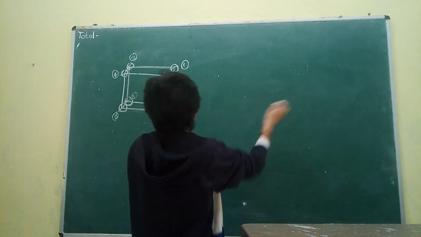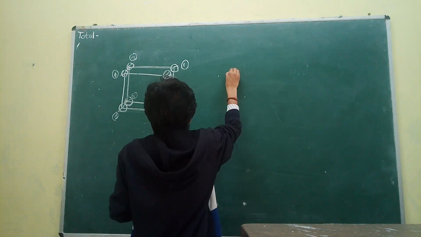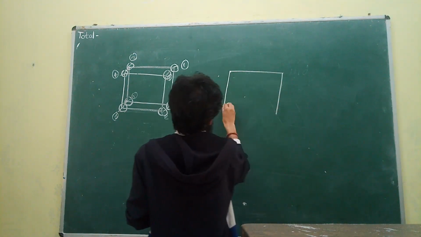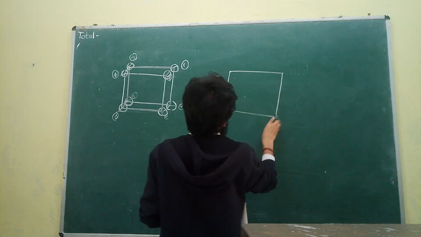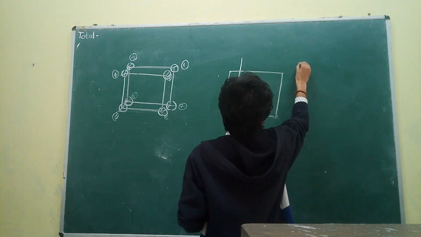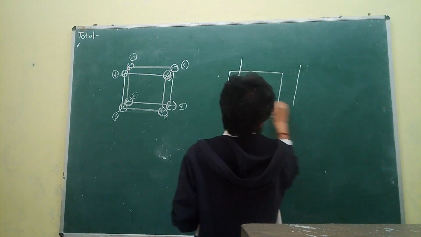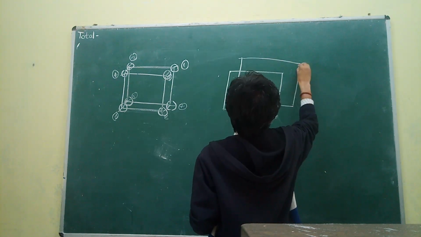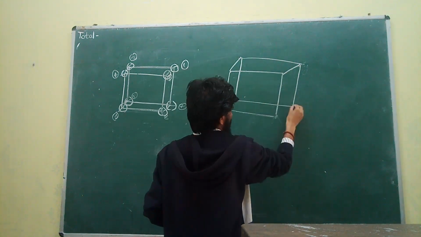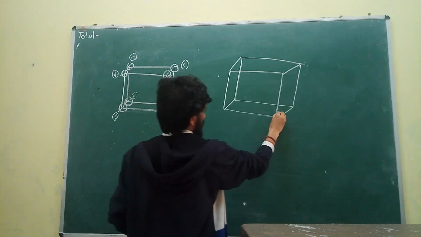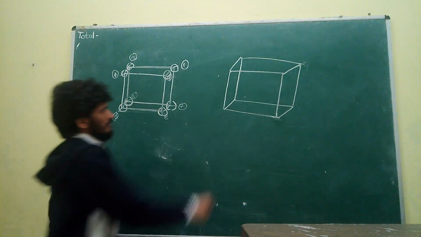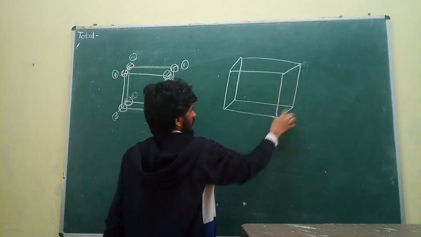Now, what is a centered unit cell? Centered unit cell means, now see here, there are 8 corners: 1, 2, 3, 4, 5, 6, 7, 8.